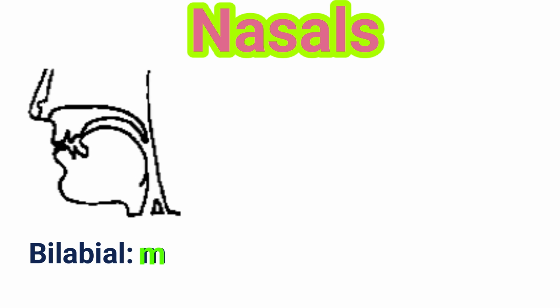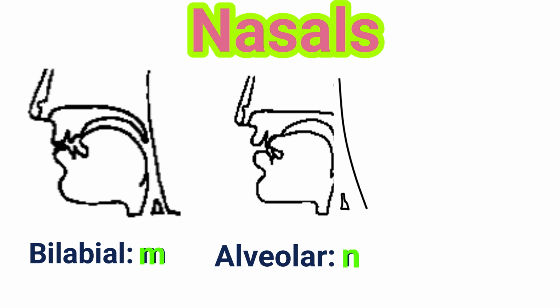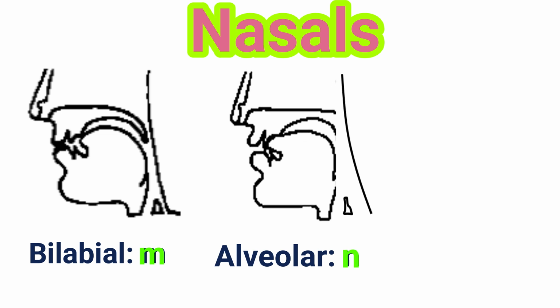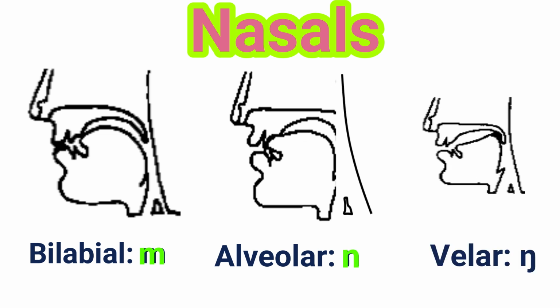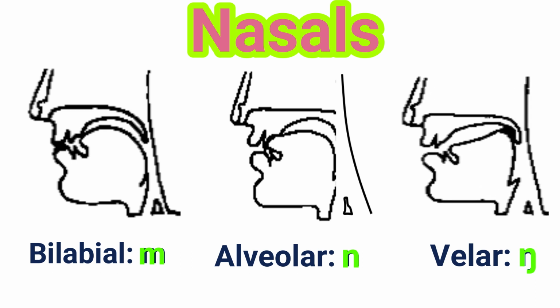M, m. The air goes through the nose. Some alveolars are also nasals, like n, n. And also some velars, like n, n. You see, in all these ones, the velum is lowered and it allows the air to go through the nasal cavity.